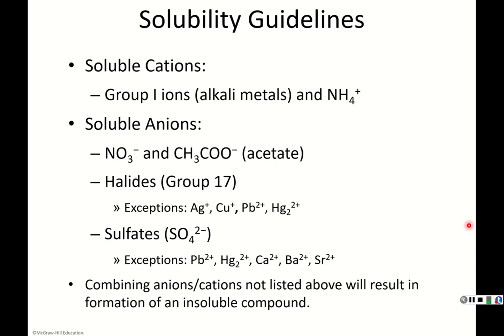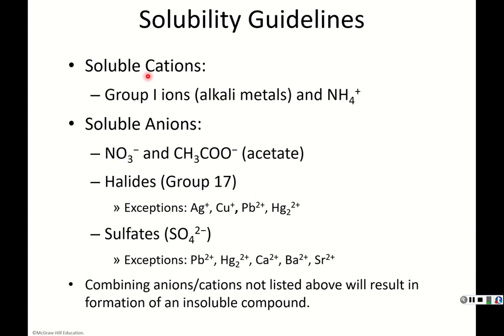In this class, we're talking about the equilibria of these systems, and for the most part, we're going to be talking about things that are insoluble in this section. So you can kind of just assume, all right, these are insoluble. But what are the guidelines?